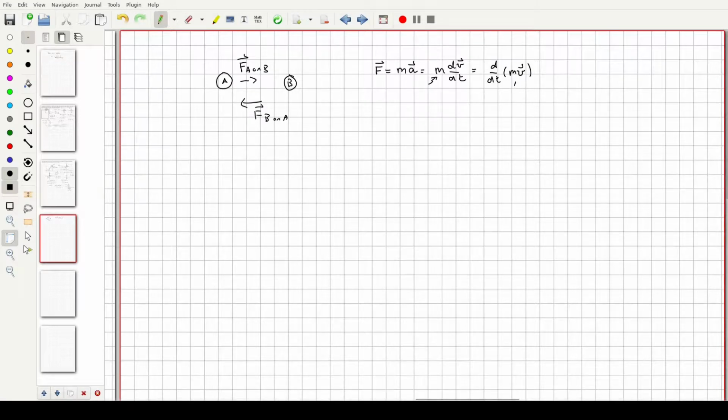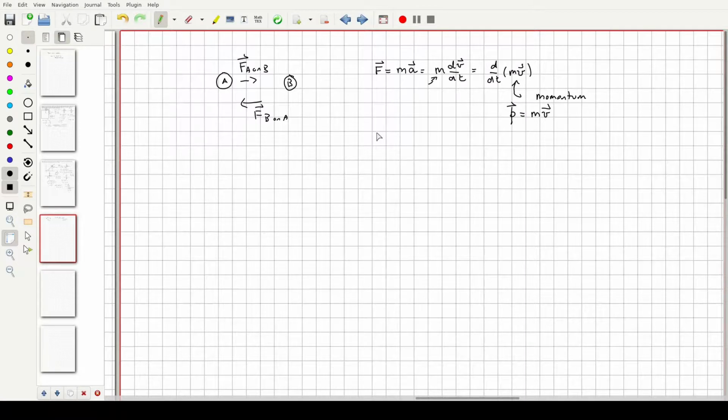Now, this mv thing actually has a technical name. It's called momentum. We're going to be talking about it after we talk a lot about energy and stuff. That said, it's denoted as a p, it's a vector, and it's mass times velocity.